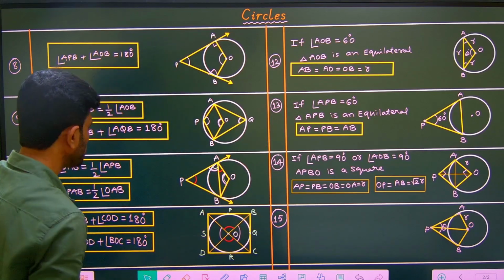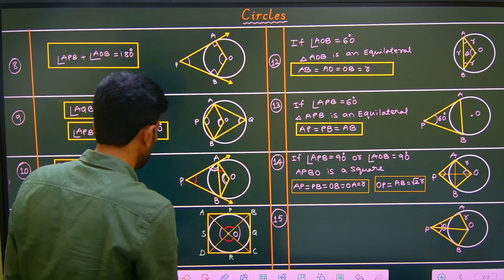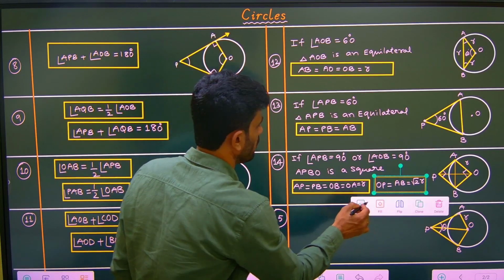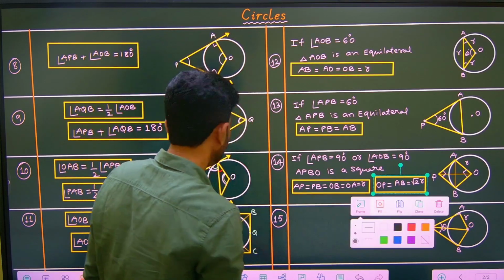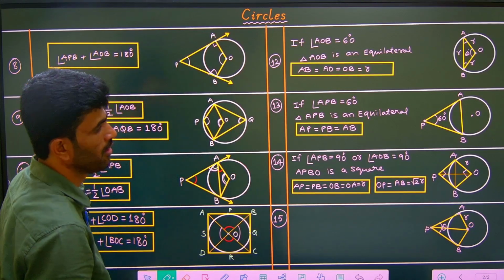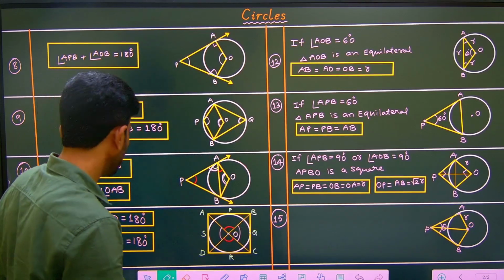Now coming to the last one. Sometimes they give you an angle and radius. They ask you to find the distance between O and P or the length AB. Like that also they ask.